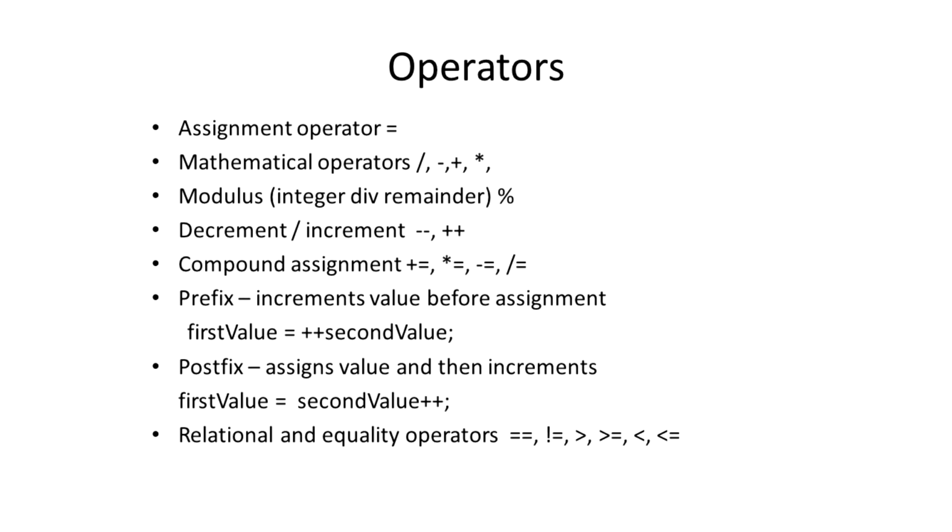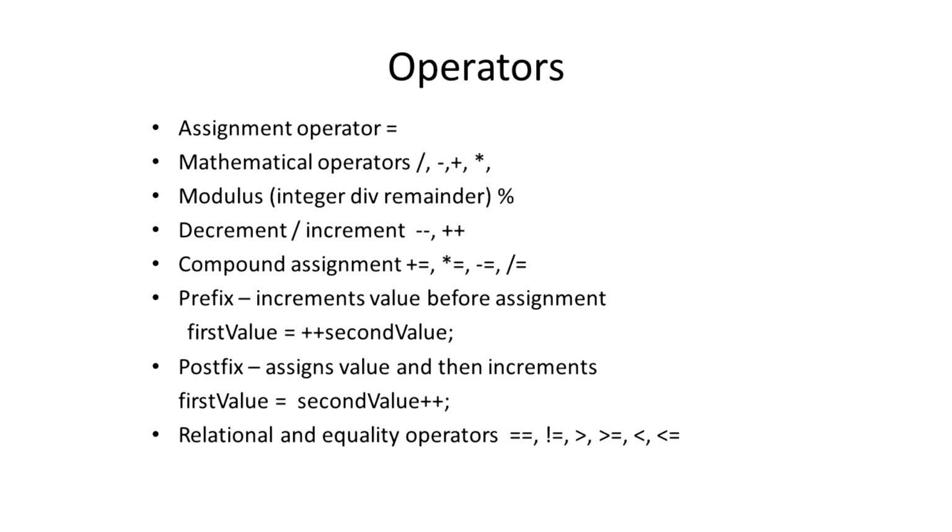But just to finish up with our recap of operators, the final bullet point here mentions the relational and equality operators. So hopefully again this is familiar to you. The two equals signs are comparison, and of course this will check to see whether the left value is the same as the right value. Different from the one equal sign, which is assignment, and that assigns the right hand value to the left hand value.